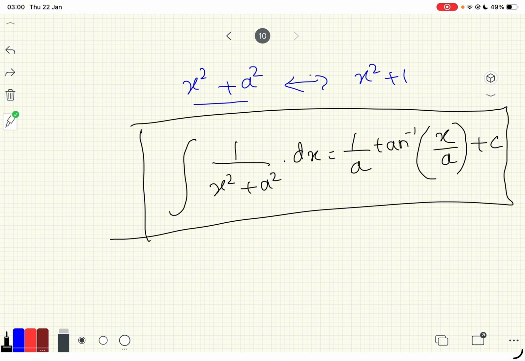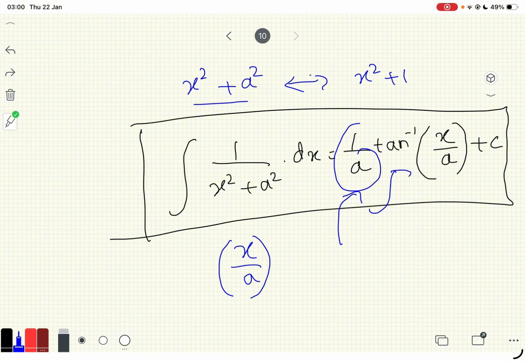Let me explain why there is a 1 over a there in a very simple way. Think, inside the arctan we have x over a.